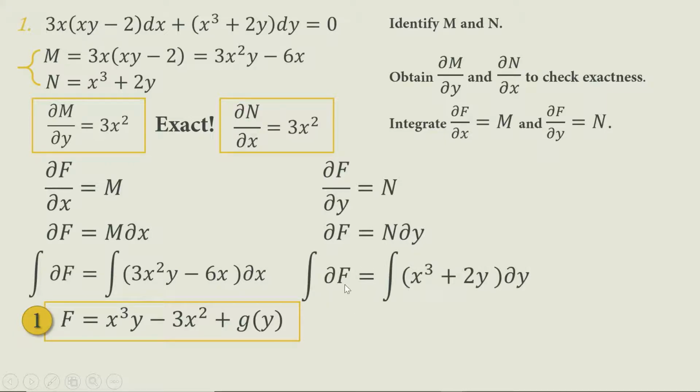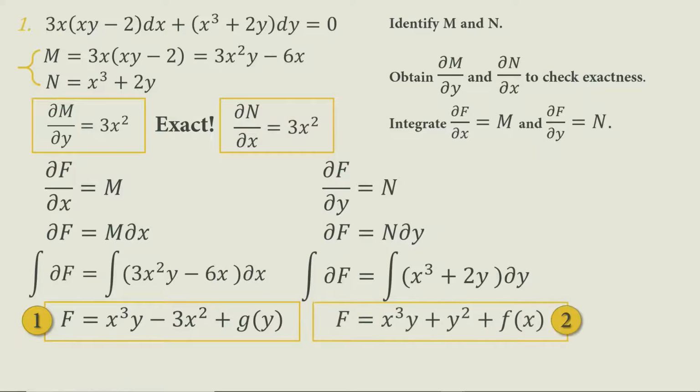The integration of the partial derivative of f is equal to f, and integrating x cubed dy will be x cubed y, since x cubed is considered constant, plus y squared, since the integration of 2y dy is 2y squared over 2, so makakancel yung dalawang 2, magiging y squared na lang siya. And then we have to add the function of x as it is a partial differentiation.